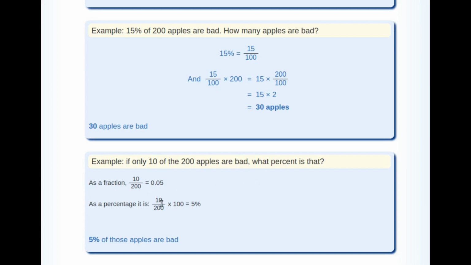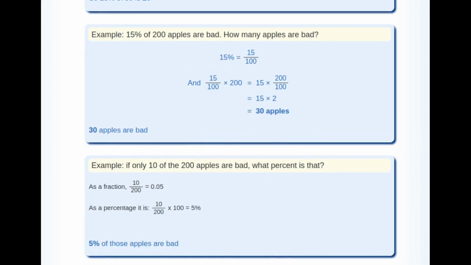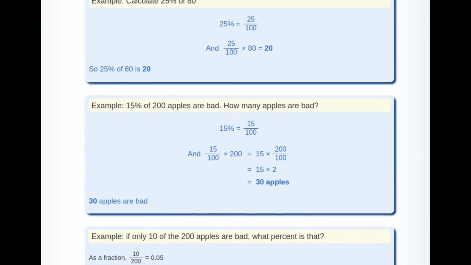So if we multiply 10 by 200 into 100, what do we get? 5%. So 10 of the 200 apples are bad, which is nothing but 5% of the apples are bad. So 15% of 200 is 30, and 5% of 200 is 10, right? So these are the examples of percentage.